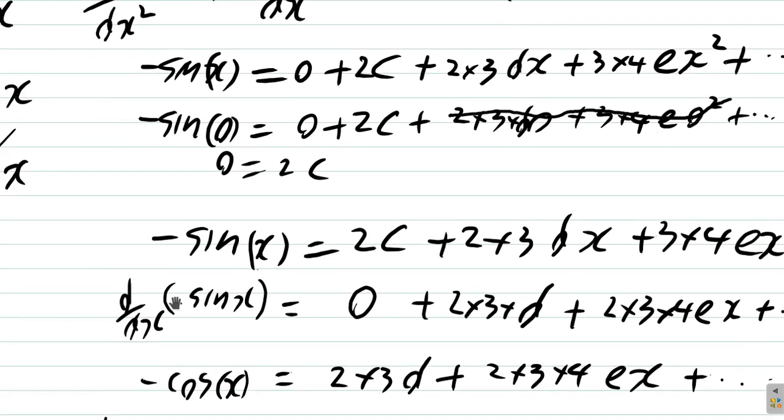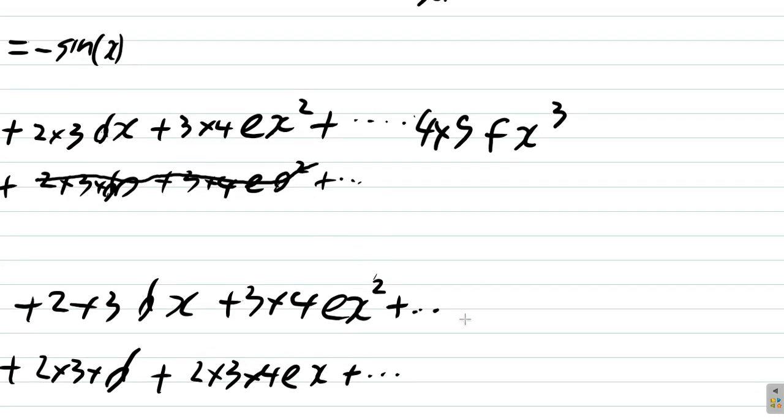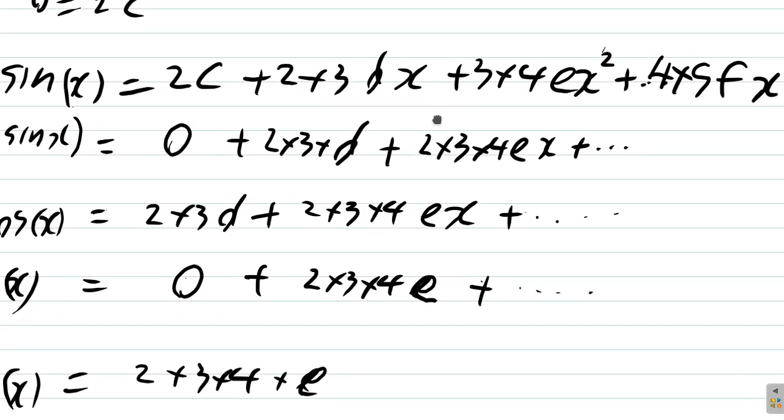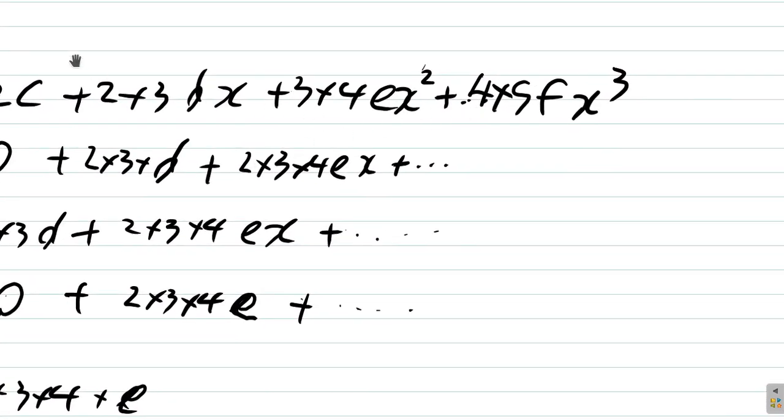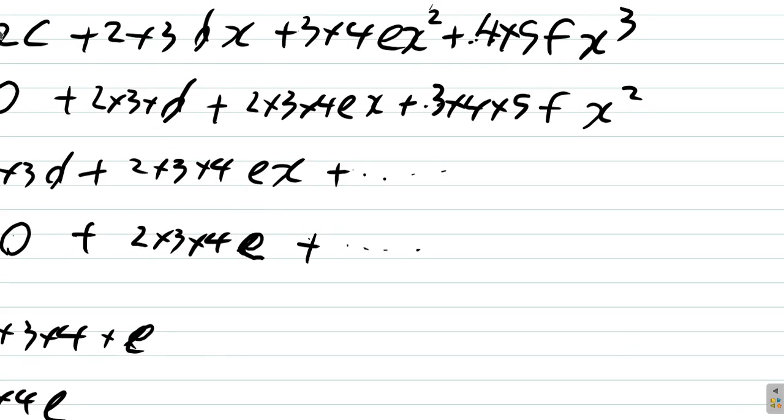Then when we differentiate down here, we would have plus 4 times 5 f x cubed. Then when you differentiate it, this part would turn out to be 3 times 4 times 5 f x squared. Then you come down here, this would be 3 times 4 times 5 f x squared.